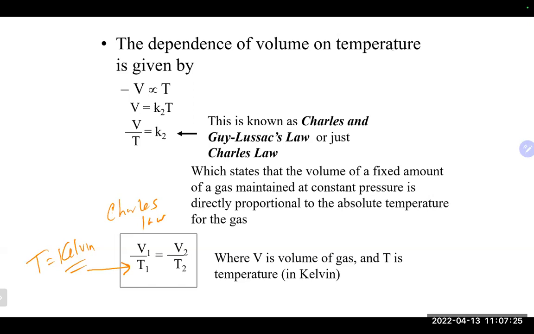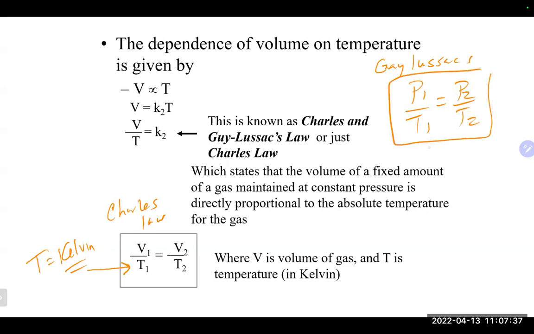Now, Gay-Lussac's law is P1 over T1 is equal to P2 over T2. And this is at constant volume. This one is at constant pressure. And these are the relationships that we talked about.